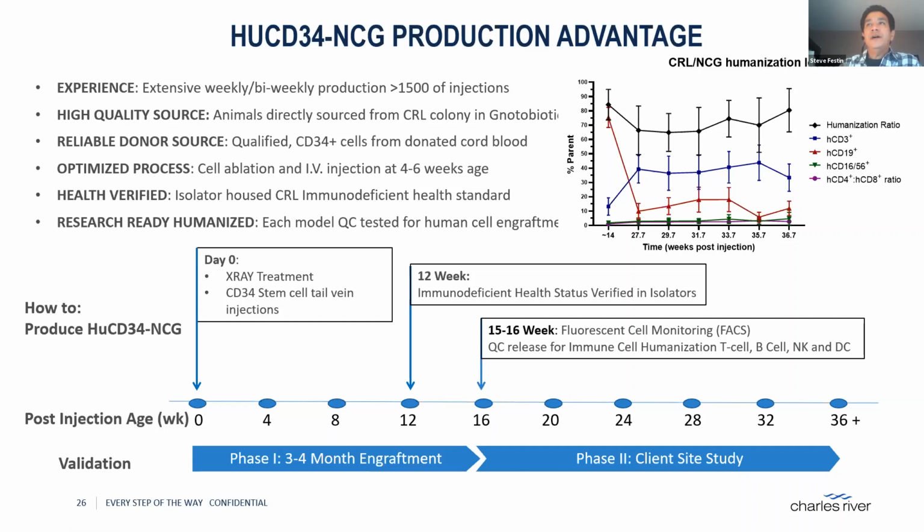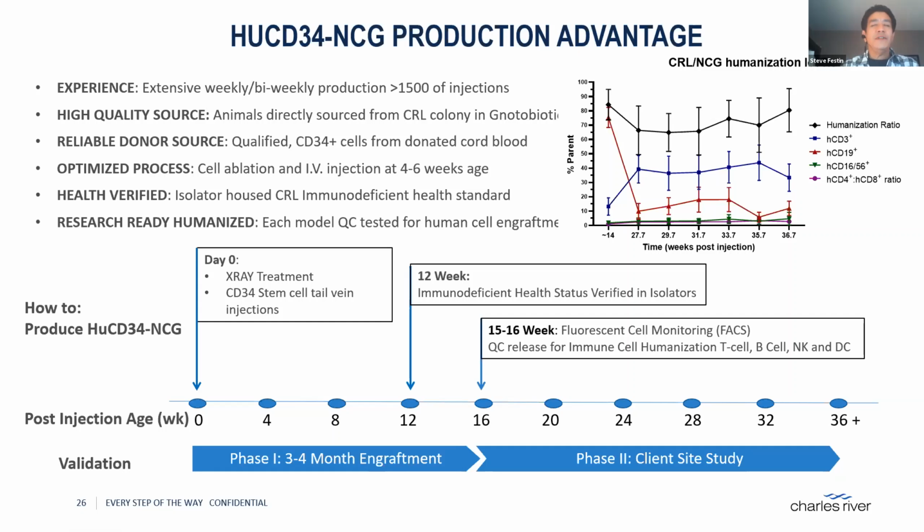If a laboratory is thinking about humanization, each endeavor to humanize, each project, is going to take 3 to 4 months before you have sufficient numbers of cells to set up studies. Having a lot of experience, essentially what we're doing is producing on a regular basis.